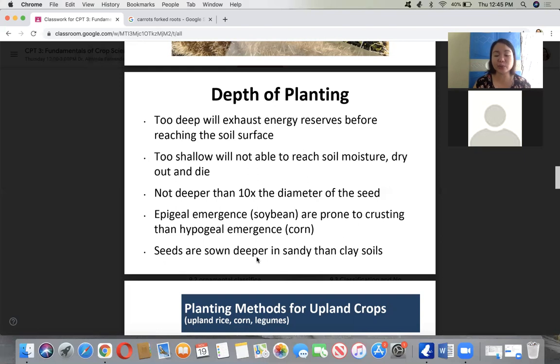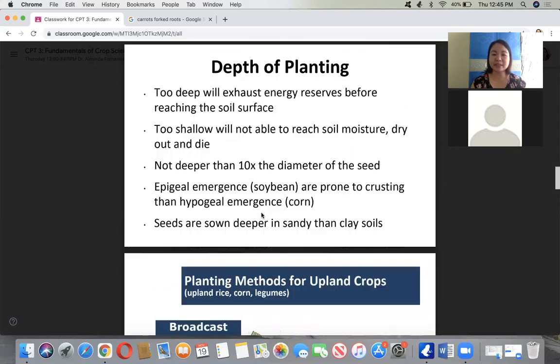And seeds are sown deeper in sandy than in clay soil. So if it's sandy, the planting can be deeper compared to clay. Because clay is sticky, so it's not easy for the seeds to emerge, no?